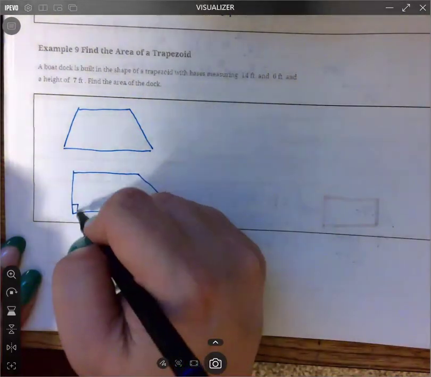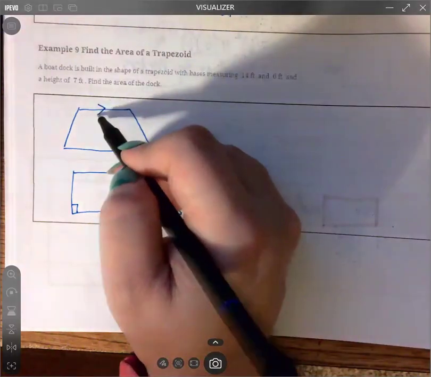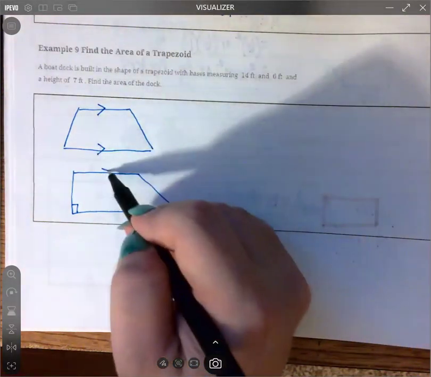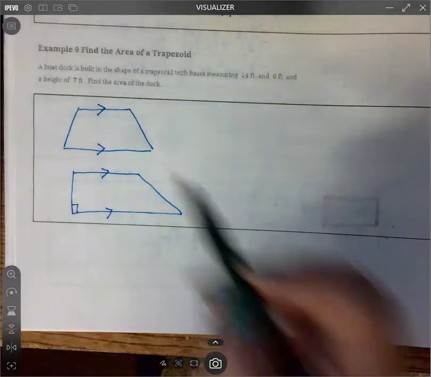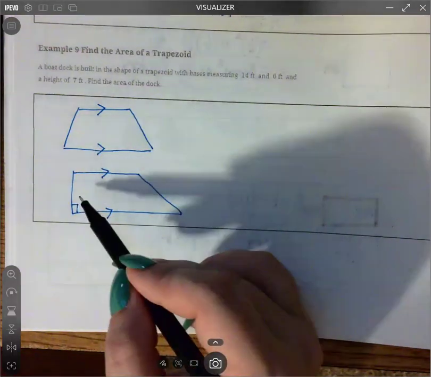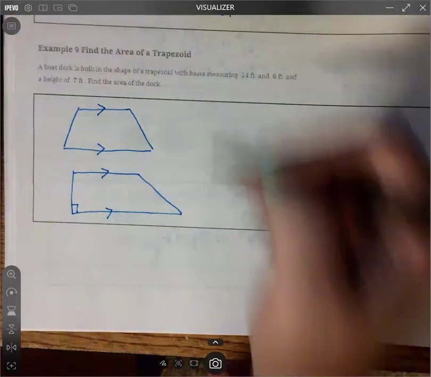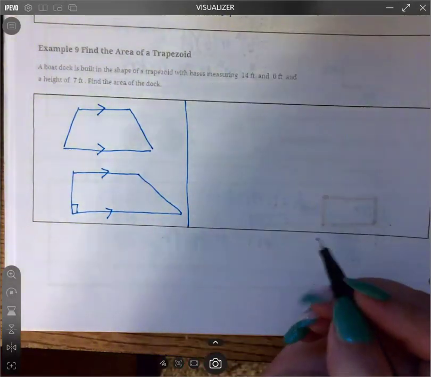The definition of a trapezoid is that we have opposite sides that are parallel, and then we also have another set of opposite sides that are not parallel. So this is going to be your visual for a trapezoid.